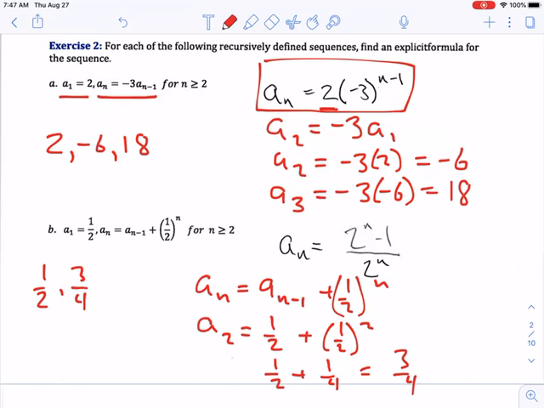And then the third term is going to be what? That's going to be a sub n minus 1, which would be 3/4. Let me erase some of this.